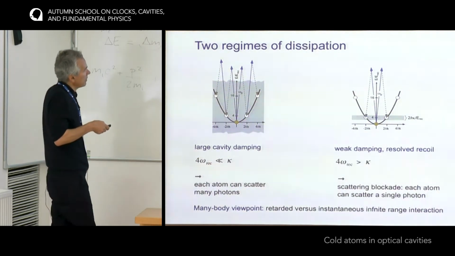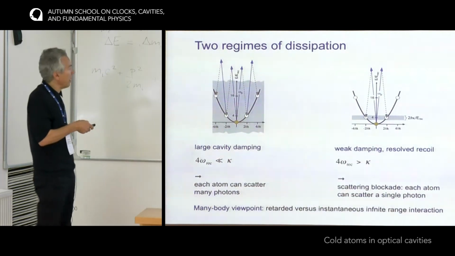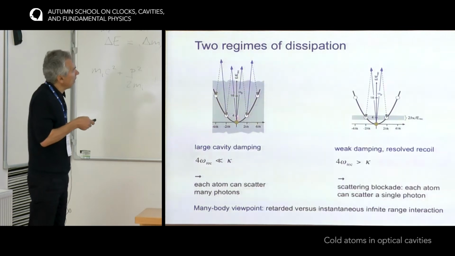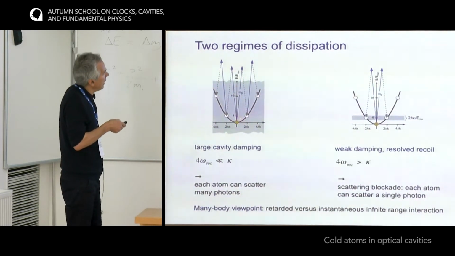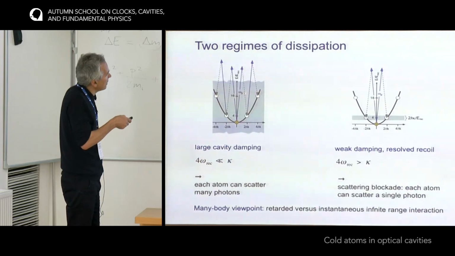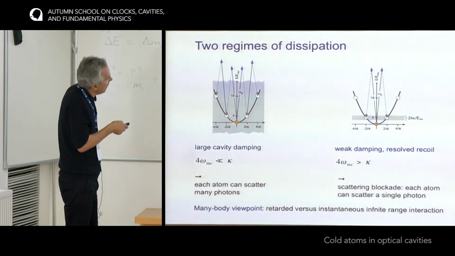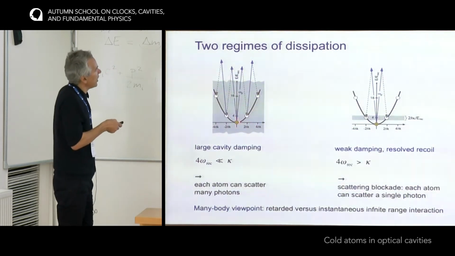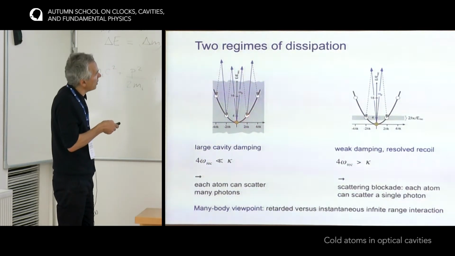Either the recoil frequency is much smaller than the cavity decay rate, and this would mean that if you apply a photon of frequency omega p and you tune the frequency of this photon such that the cavity resonance allows you to make a scattering process transferring 2h bar k to your atom, going from here to here.